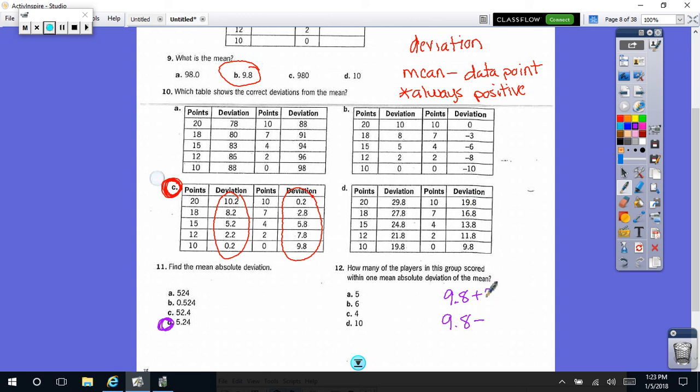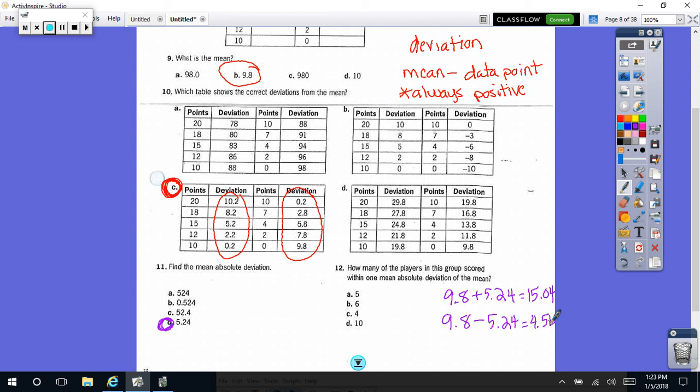So 9.8 plus the mean absolute deviation, 9.8 minus the mean absolute deviation. So let's see what our range is. 15.04 for that one. And 4.56.